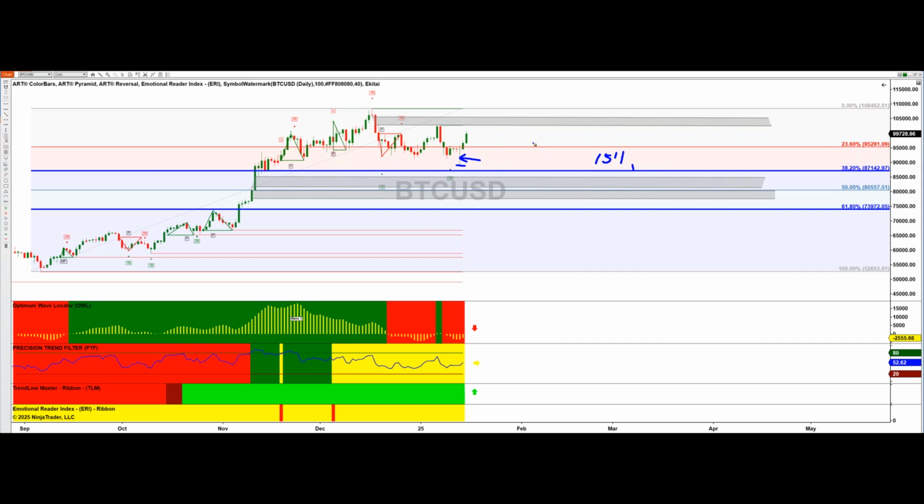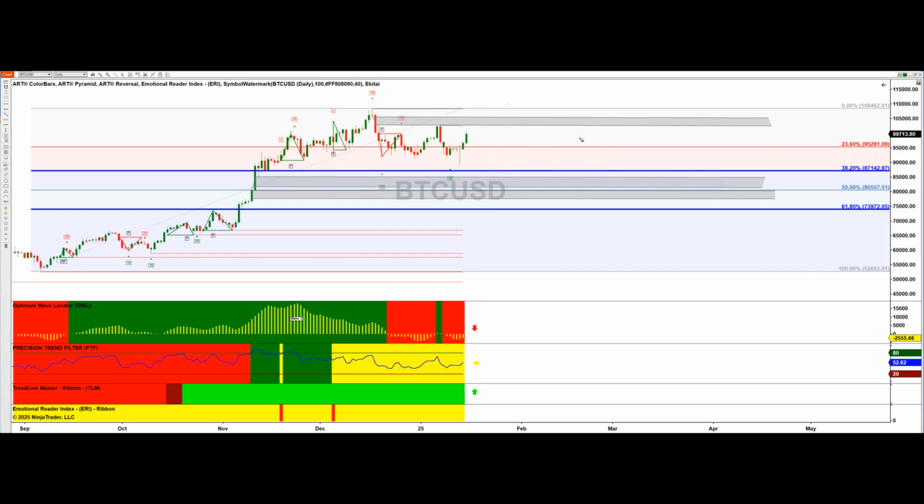So what do you do? Well, you've got two choices. You could go in one tick above this bullish bar, and instead of a full position, you might want to go in with half or a third and keep the remaining on the sideline in case we go back in here, or get above the B wave, and then the probabilities of it making a new high are quite high.